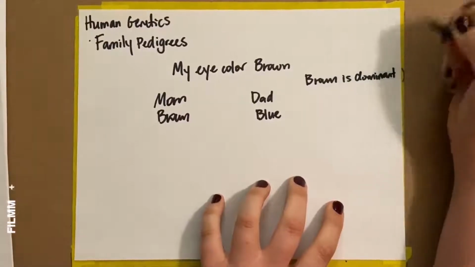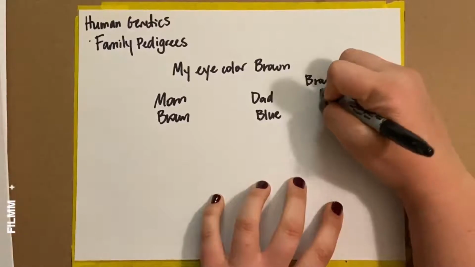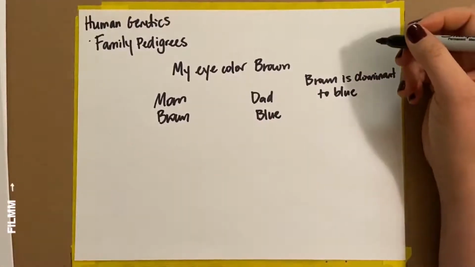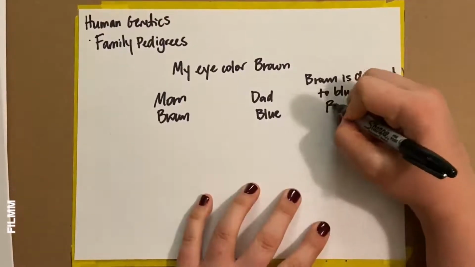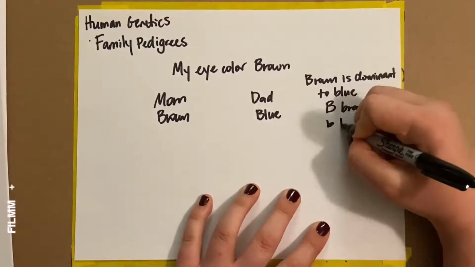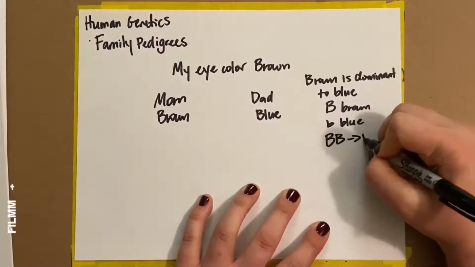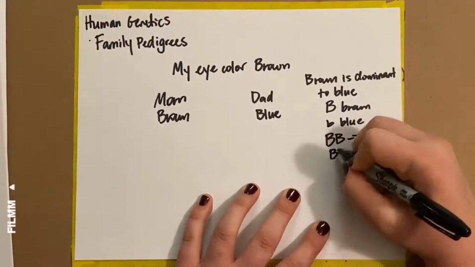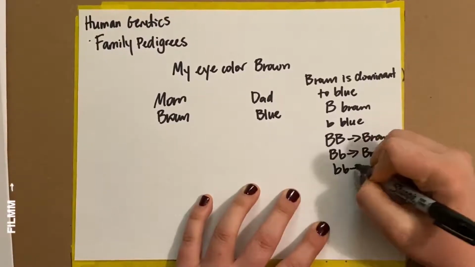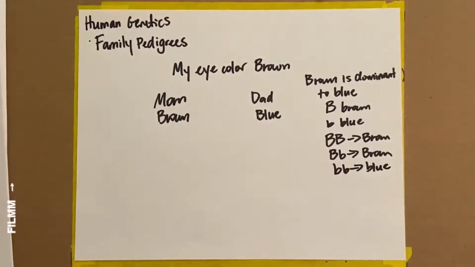I won't go into too much detail right now, but brown is a dominant eye color over blue, which means that we'll use the letter B: big B is brown, little b is blue. So big B, little b is going to be brown, and little b, little b would be blue. Brown is dominant over that.